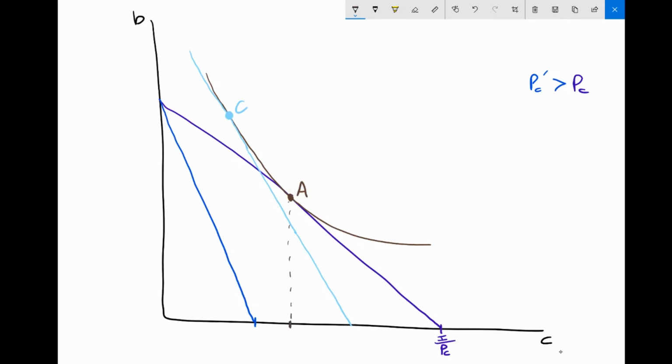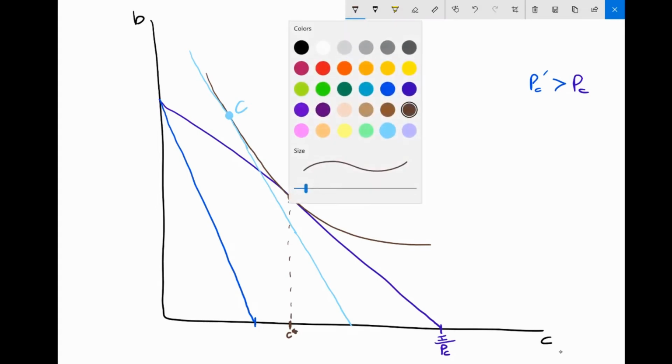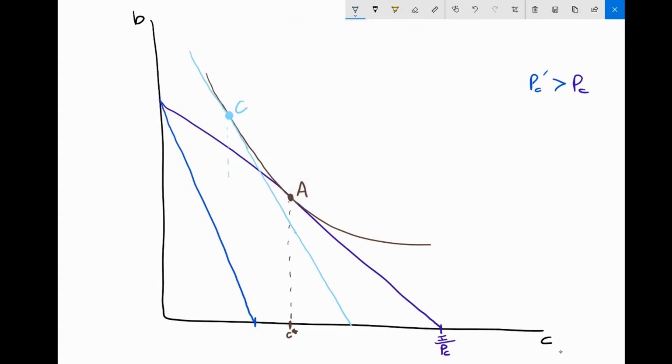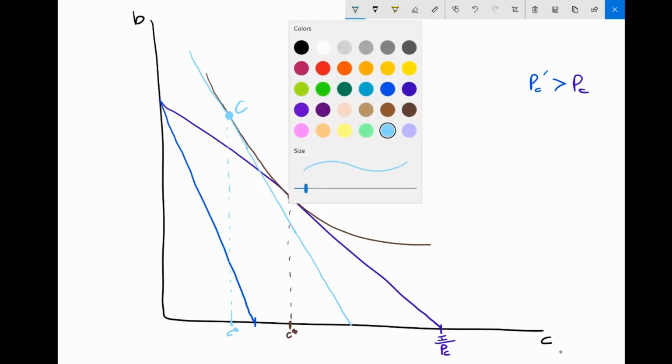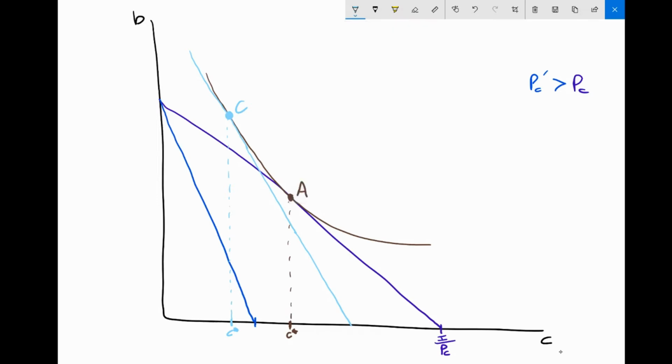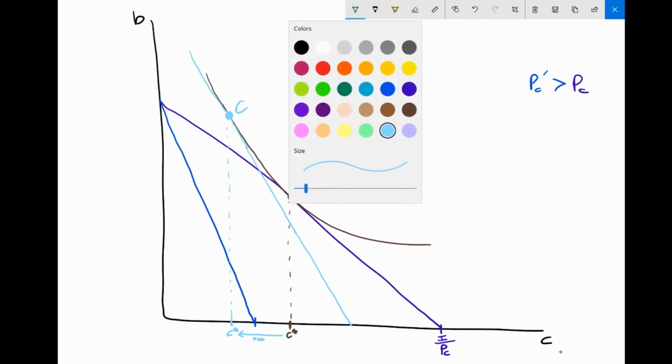Here is the quantity consumed at bundle A. Here is the quantity consumed with the substitution effect only. So this is the substitution effect. It is negative. It's always negative.